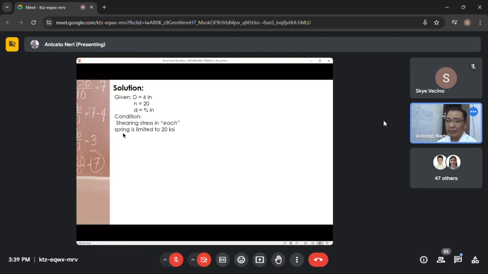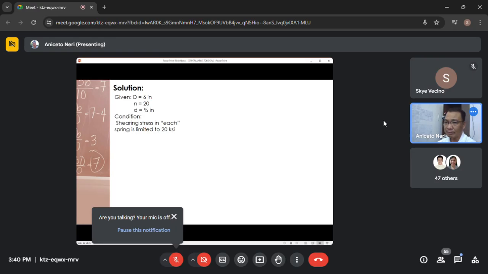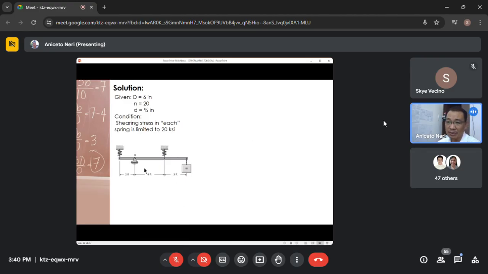Sige. The condition is the shearing stress in each spring is limited to 20 ksi. Dili magdungan ha. So, from the steps, you start with FBD. Free body diagram, identify all forces. And based sa atong experience, pag naay support, we proceed to summation of moment, dili lang ta mo-agi og summation of force para dili ma-apil ang reaction niya.